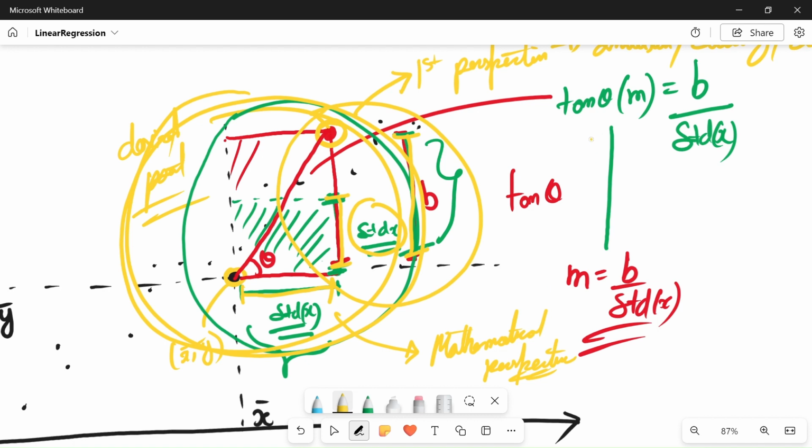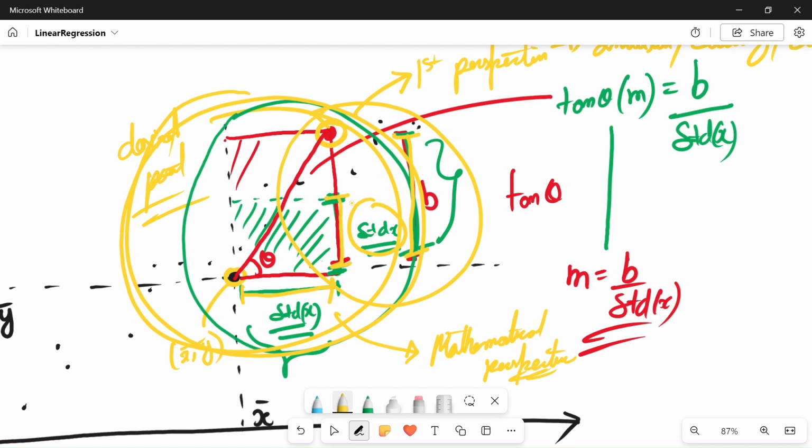I've just used the basics of trigonometry to show you that our figure was a square: standard deviation of x and standard deviation of x on all four sides, and all those four sides are equal. It's a square.